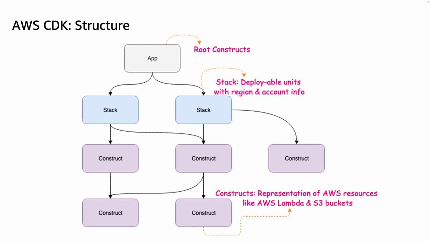At the smallest, you can create an S3 bucket or a Lambda function, or you can go a higher level. We will talk about these different levels, what that means. So a construct is basically a representation of AWS resources like Lambda, S3, or any combination of these resources that is provided. And then a stack is basically a minimum deployable unit that you can deploy within a region and account information. And the root app is to encapsulate everything.